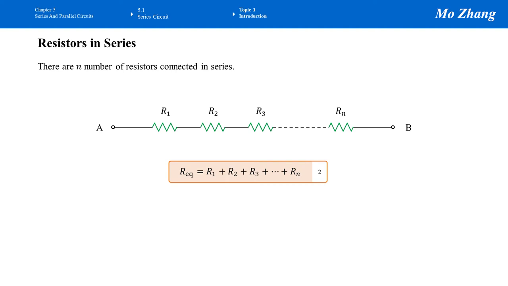The total resistance Req, in this case Eq is the same as T. Eq means equivalent resistance, which is the same as the total resistance of the system, and it is the sum of all the resistance values. So this equation is a general formula for n resistors that connect in series. It applies for two resistors, three resistors, and many resistors connected in series.